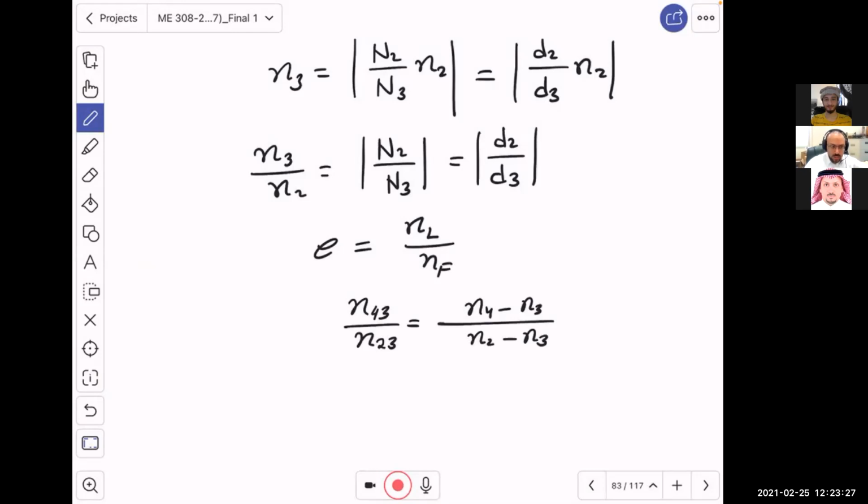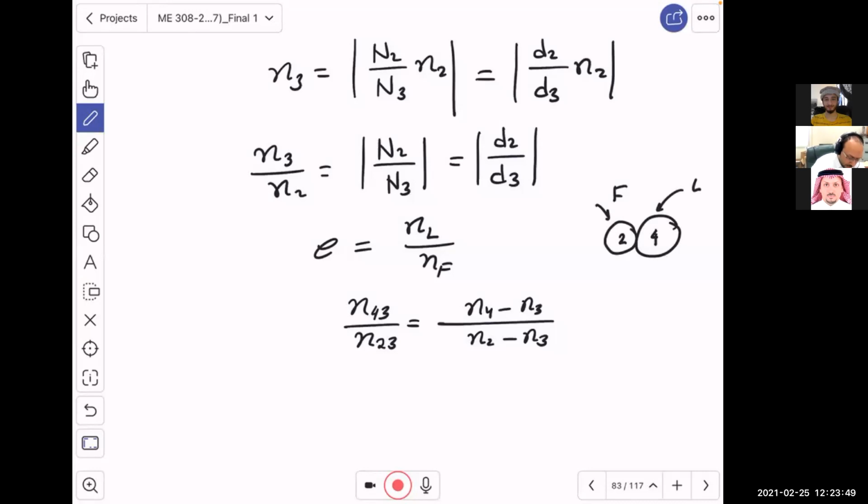There are no teeth on it. Just focus on number 4 and 2. If you look, this is number 2 and this is number 4. So if you ignore 3, in reality, it looks like this is the first and this is the last.